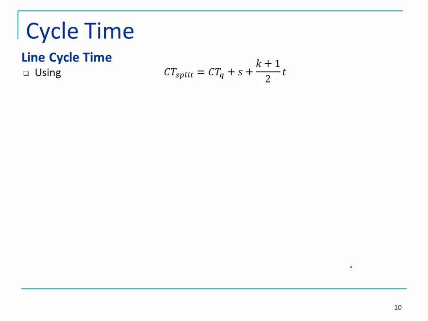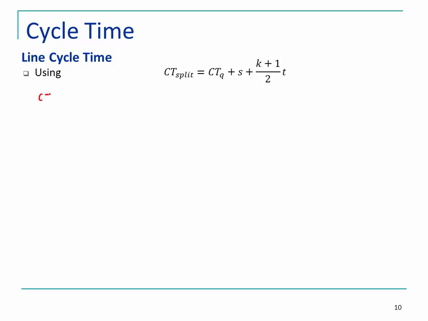So using the expression for cycle time, with batches of 1 split, we can compute the cycle time for the first station.